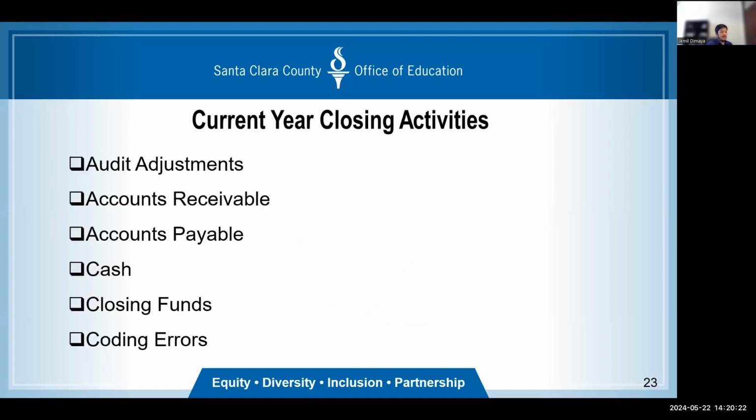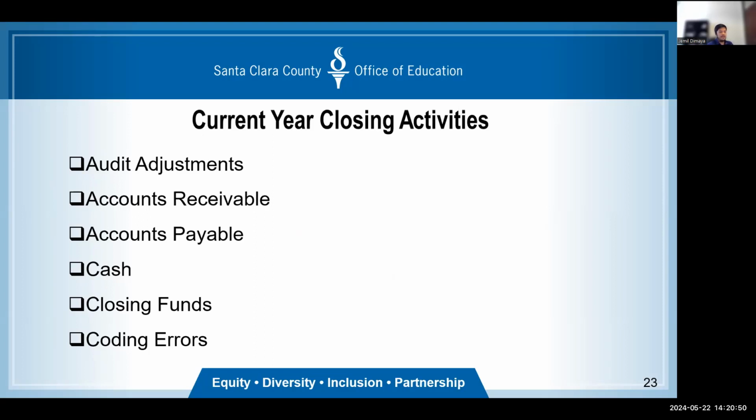So following are some of the items you want to look at. So the audit adjustments, you want to see if you have any, and if you do, you want to make sure those are booked as soon as they become known. And of course, earlier we mentioned accounts receivable, accounts payable, and cash. So for those accruals, you want to prepare and post the adjusting entries for the revenue related to services performed or use of facilities provided before June the 30th.